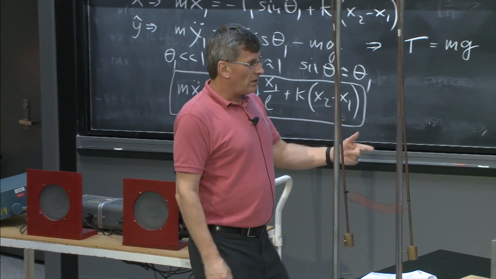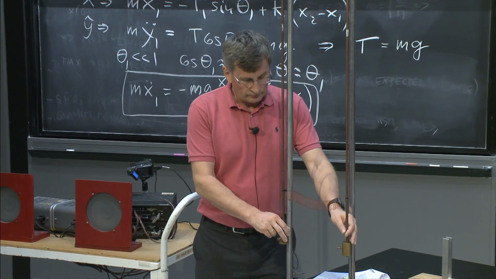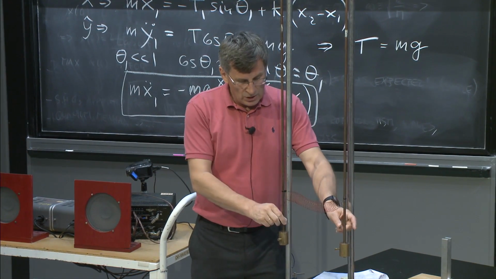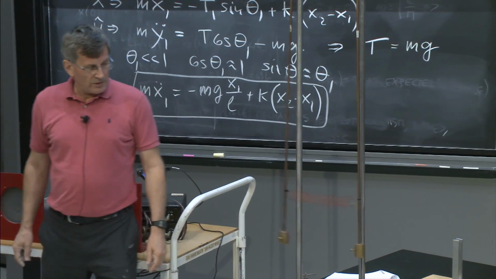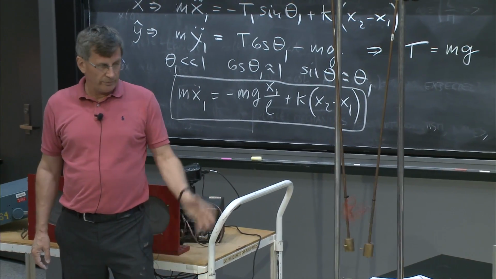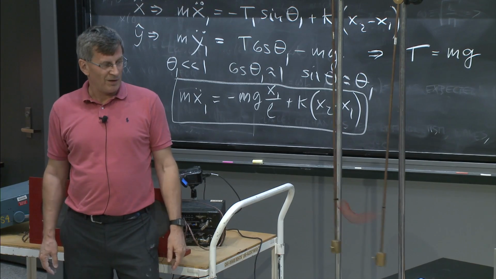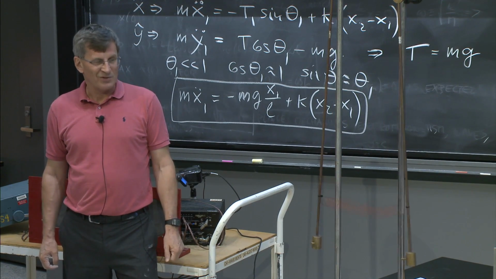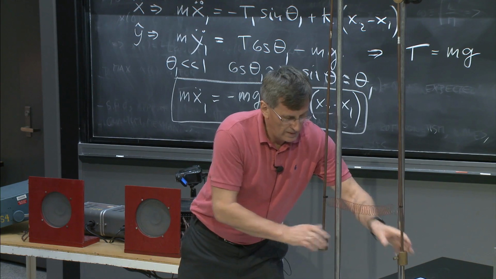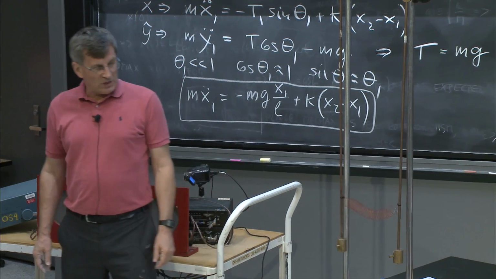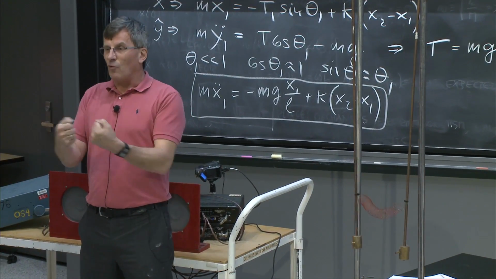Okay? The other option is, I move them symmetrically away from each other, and this is the motion where, again, this is not exactly ideal small angle oscillation, but let me try again, maybe it's somewhat less. So this is the situation where the spring really comes in at full force.